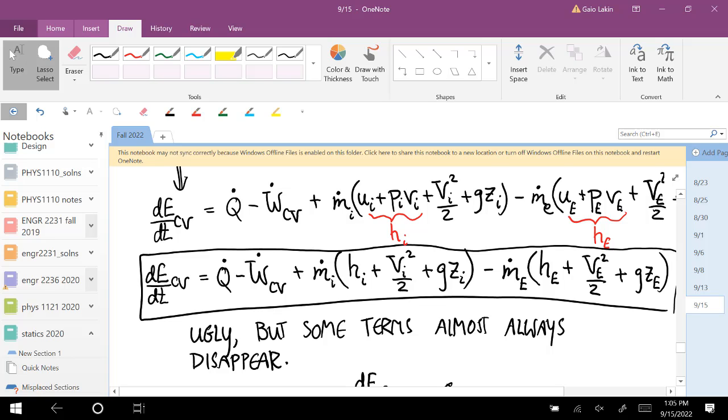I suppose convection is, in certain systems? Well, convection is carrying this stuff in, but I think the inlet and exit terms are dealing with that convection. So you can think of the heat as nothing but the heat passing through the boundary of the control volume. Got it.